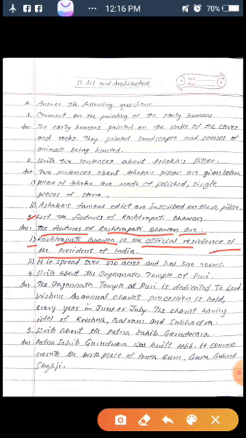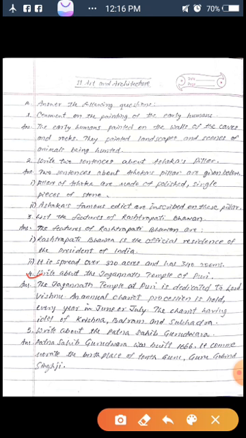And point number 2, it is spread over 320 acres and has 340 rooms.